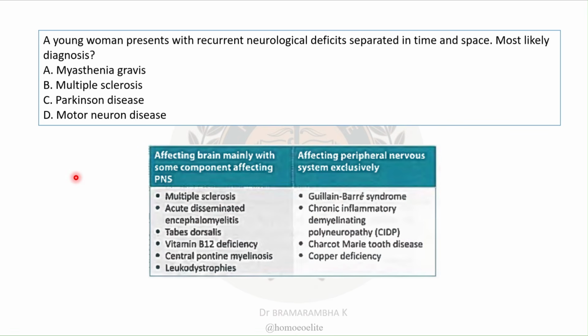So here we are seeing diseases which mainly affect the peripheral nervous system, and diseases affecting a component of the peripheral nervous system. Multiple sclerosis comes in affecting a component of the nervous system.